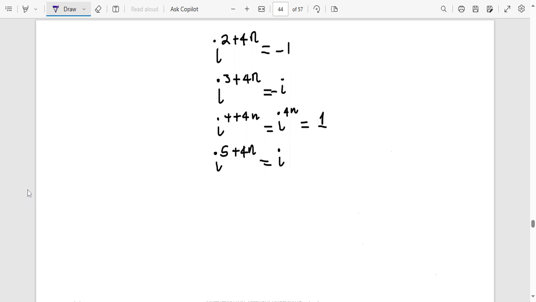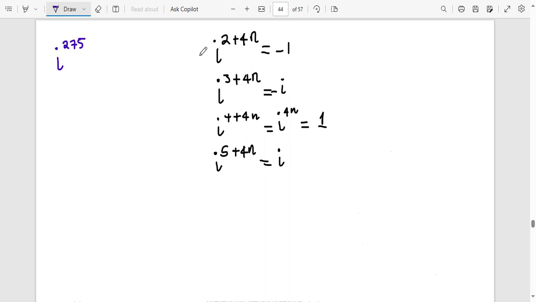Let me try to give you another example. Say you have i to the power, let's say, 275. We want to find what this is going to be equal to.